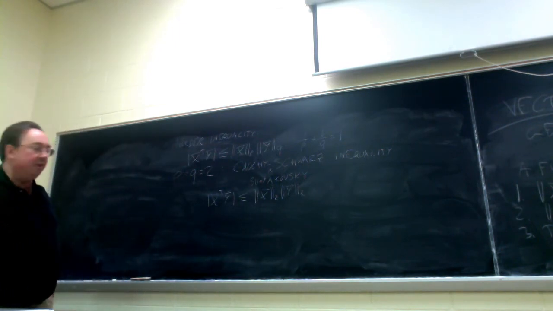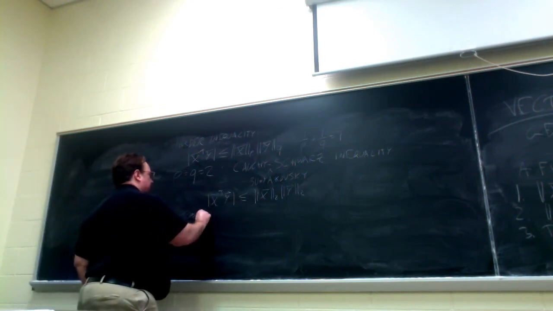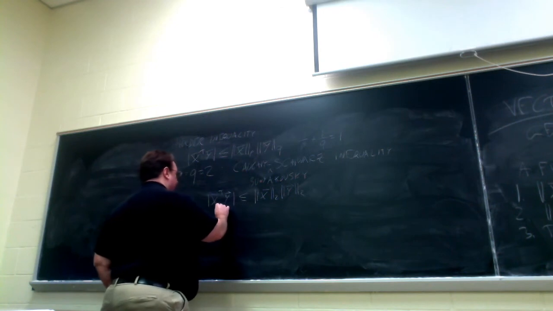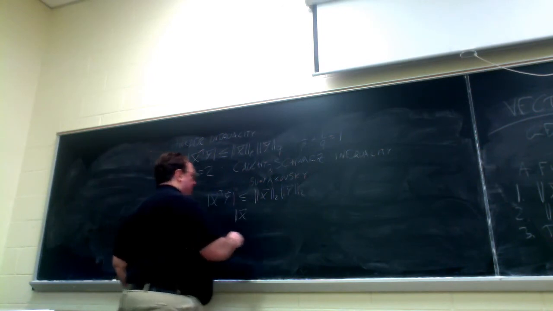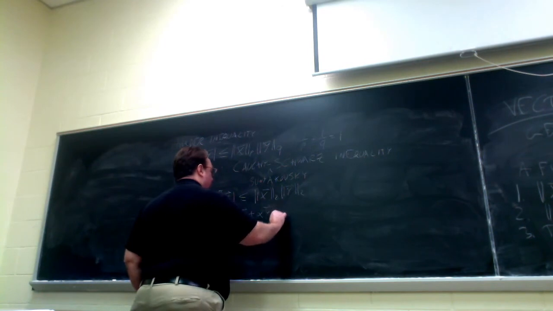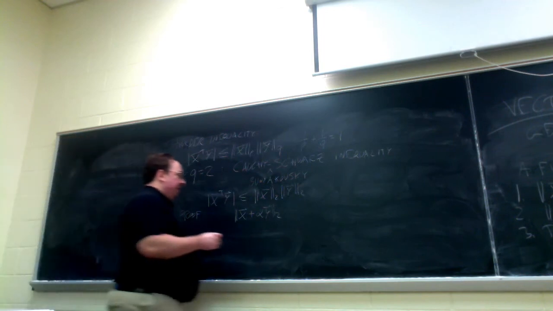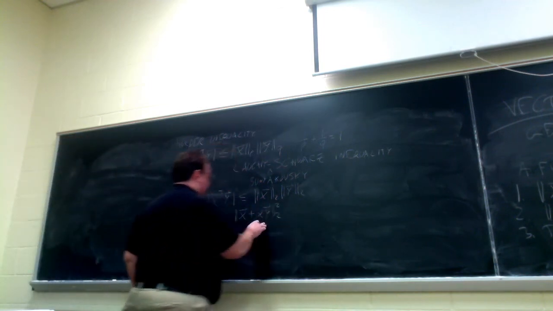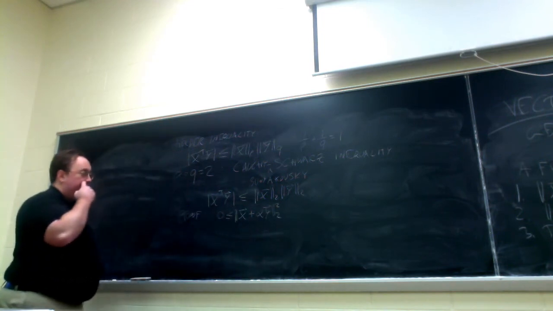Okay, so for a proof of this, if I consider the 2 norm of this vector, so alpha is just any scalar, and I'm going to square it. Now, because it's the norm, it's certainly non-negative.